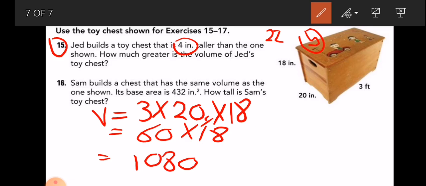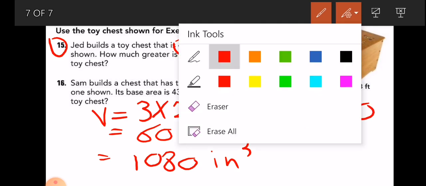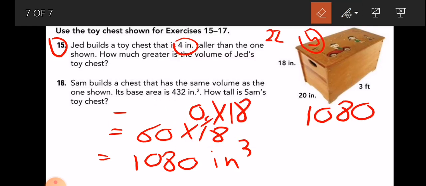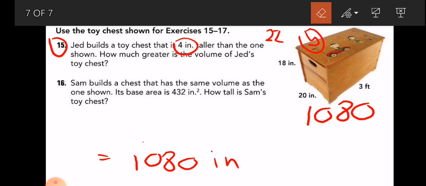So it's 1080 inch cubed. Let me write it here, 1080, because we will erase this one to get the volume of the box that Jed did.